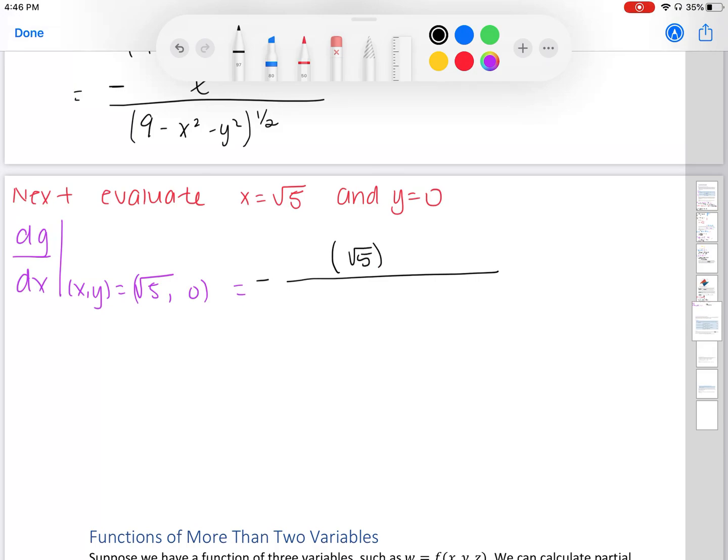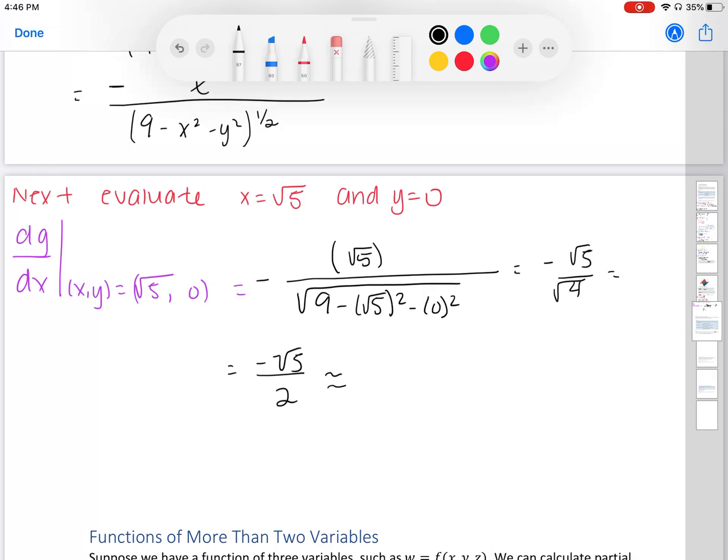In our denominator, we have 9 minus square root of 5 squared minus 0 squared. Okay, that gives us negative square root of 5 over 4 square root of 4, which gives us negative square root of 5 over 2. If we punch this into our calculator, it's about negative 1.118. So what did we just find?